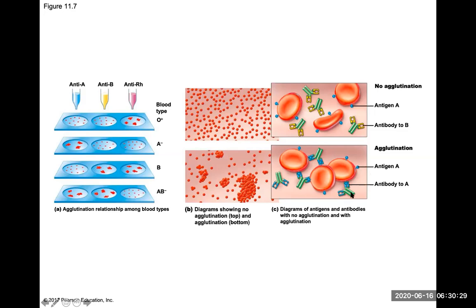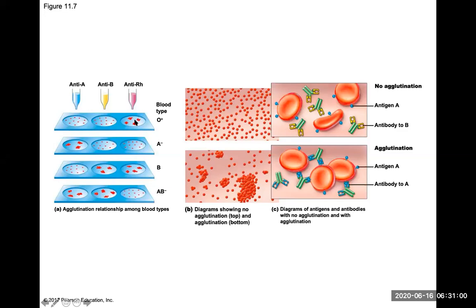Agglutination only occurs when there's an antibody to A available, and it would reach out and touch A and grab onto it. So top is showing no agglutination, and the bottom is showing how when the antibodies clump on and reach out to touch these antigens, they form clumps within the blood, and that causes agglutination. So we know that the blood type with the wells where you see this clumping occurring is the blood type that it would give you.